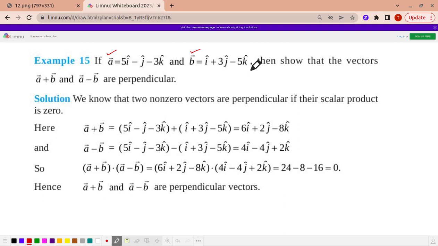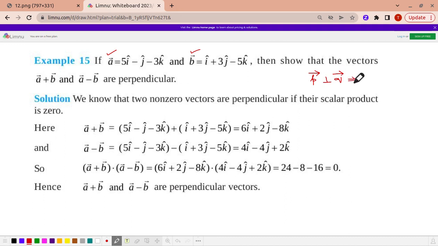So dear students, if you recall from the previous session that we discussed, when two vectors are perpendicular, then their dot product is equal to 0. So for example, if there are two vectors, one vector is P and another vector is Q. Suppose we say that the vector P is perpendicular to the vector Q. Then what can we conclude?